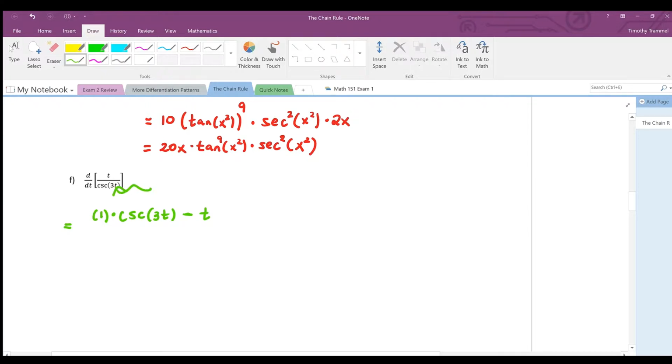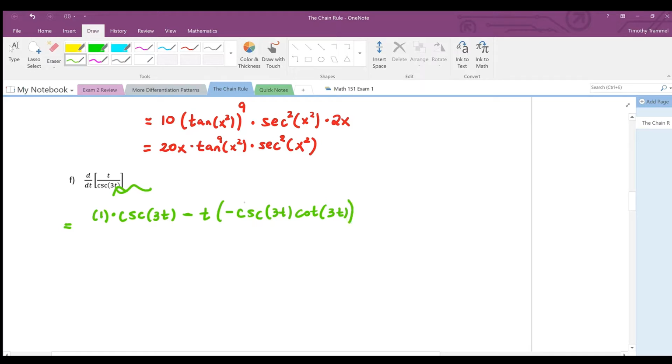Differentiating this function down here will require the chain rule. Let's think about the derivative of cosecant for a second, as if there was not a 3t there. The derivative of cosecant of t is minus cosecant cotangent. But we have those 3t's in there, so this is going to be, and I don't want to forget my negative sign here either, minus cosecant of 3t cotangent of 3t.